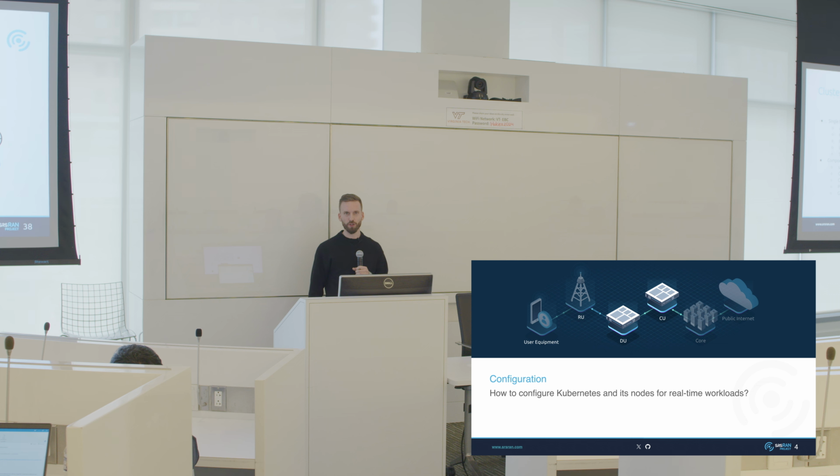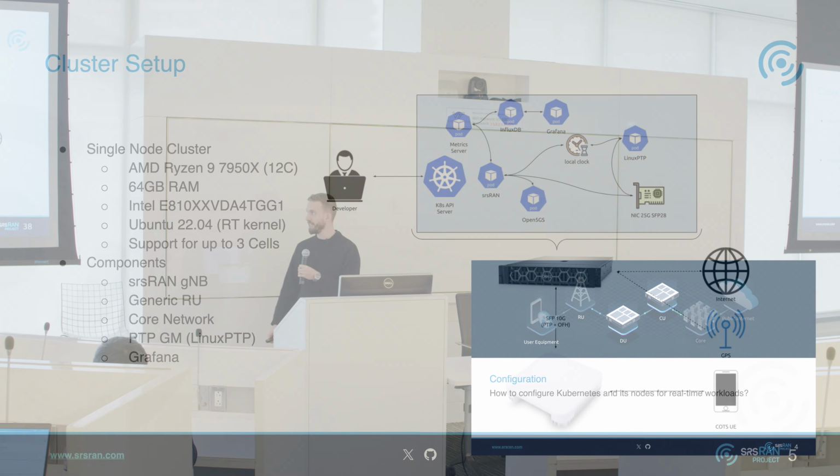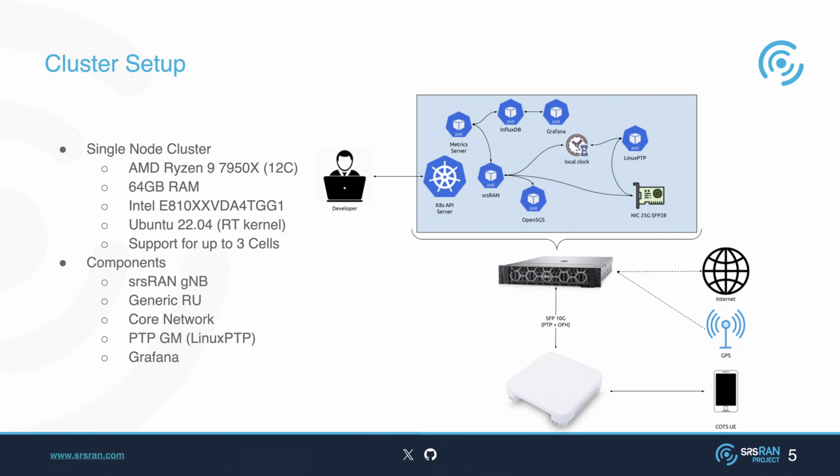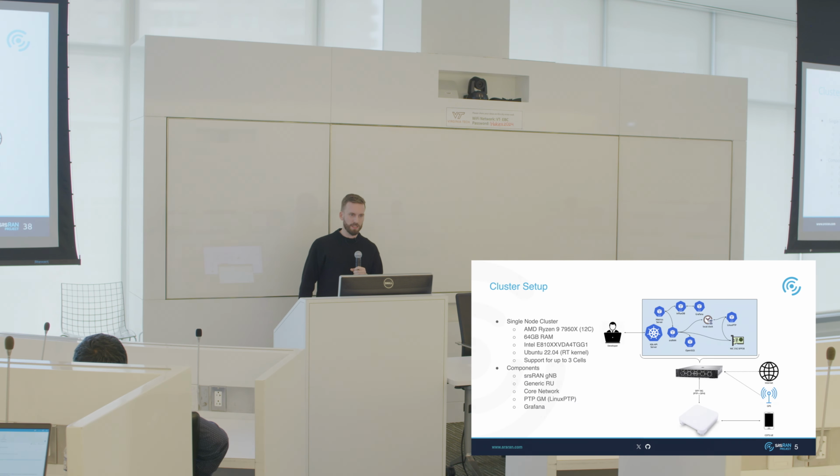It's a specific version which can operate as a PTP Grandmaster. As you can see in the graphic, there is no external PTP Grandmaster needed in this setup. This configuration is called LLS-C1. And we're going to use Ubuntu out of convenience. And in this setup, you could run up to 3 cells.